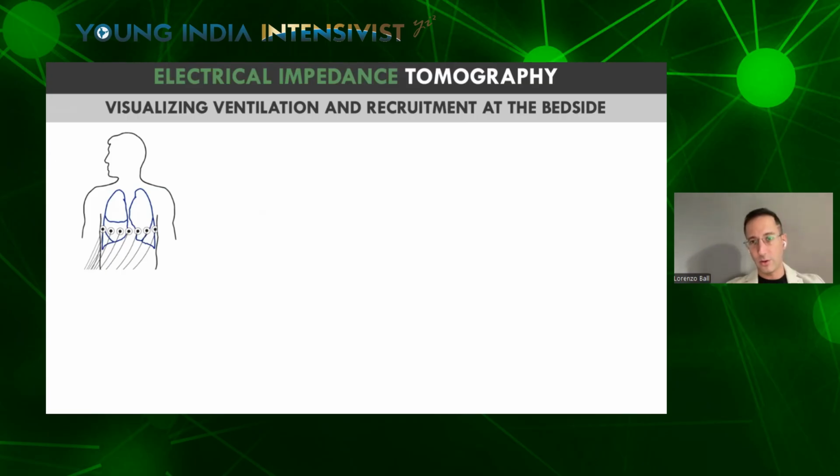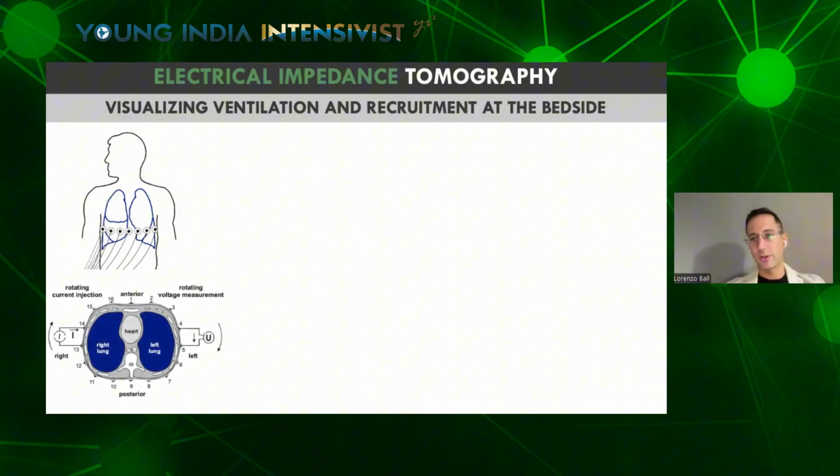For those of you that don't know, this technique is basically based on the application of several electrodes around the chest. Commercially available devices do not require applying the electrodes one by one, but they developed electrode belts that can be applied around the thorax of a patient.